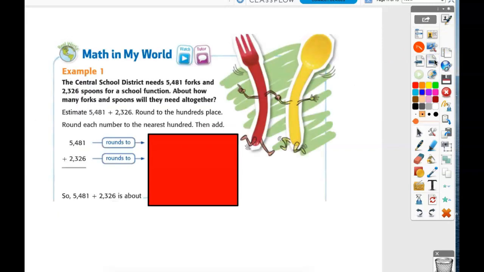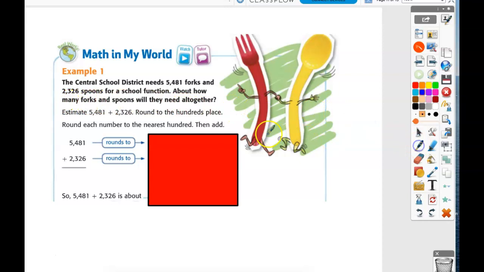All right, so if you go to page 79, you have Math in My World. And we're going to go over this. The Central School District needs 5,481 forks and 2,326 spoons for a school function. Wow, that's a lot of forks and spoons. About how many forks and spoons will they need altogether?